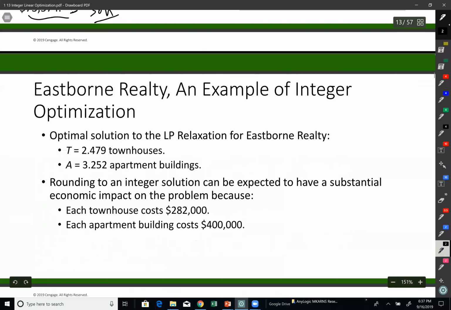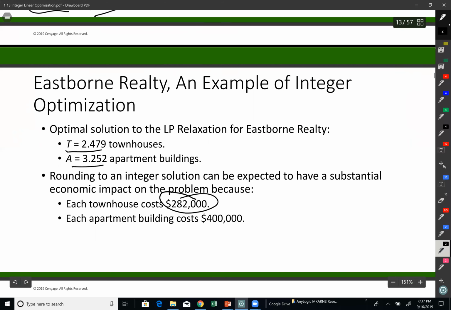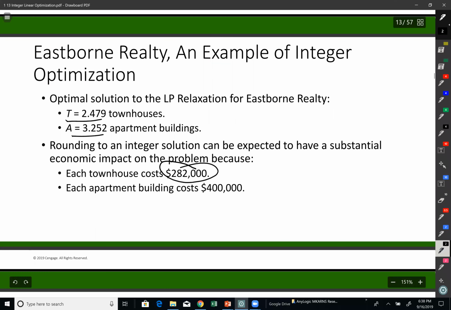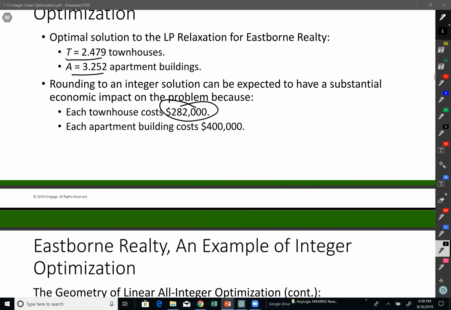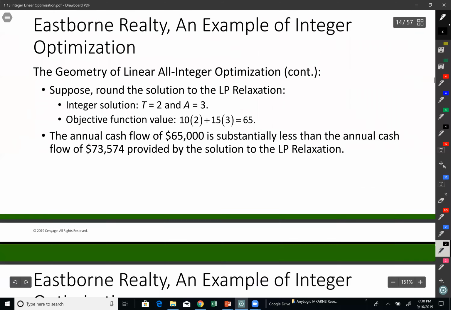And so here are the answers for this problem. If I round these numbers up or down, my costs will change significantly, because I know that each townhouse is $282,000 and each apartment is $400,000. So if I round these numbers to find a feasible solution, it will make a big difference. Let me show you how much of a difference we will have.